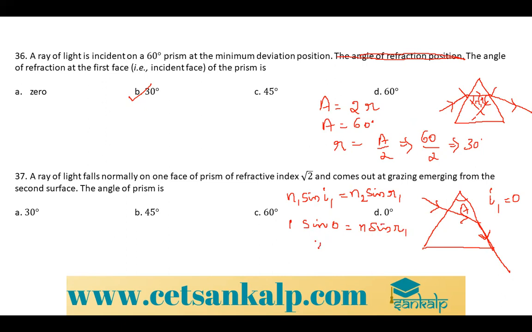So finally R1 is also equal to 0. For the prism, R1 plus R2 is equal to A, right? Since R1 is 0, can I say A is equal to R2?